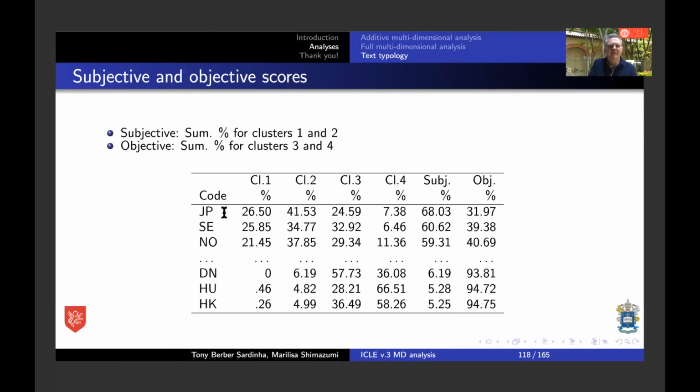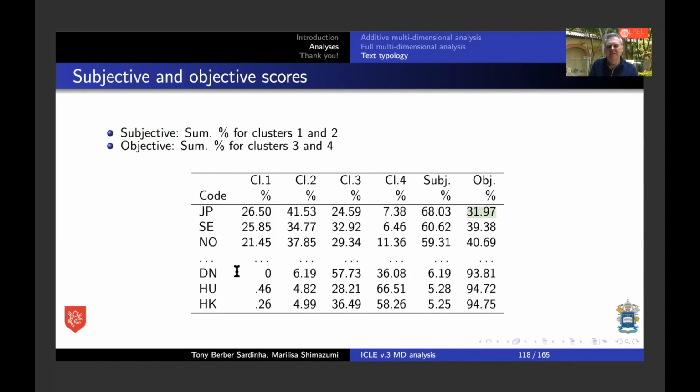So then to simplify matters, I just summed up the counts for clusters 1 and 2 into this subjective count. And then I summed up the percentages for 3 and 4 as an objective count. As you can see, a snapshot here for Japan, 68% of the texts are subjective and 31% objective.